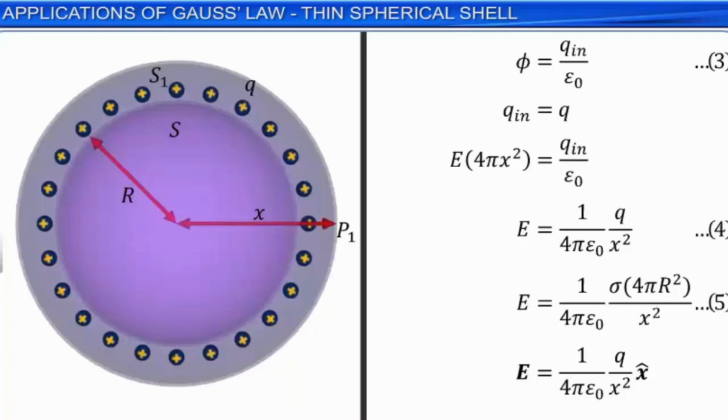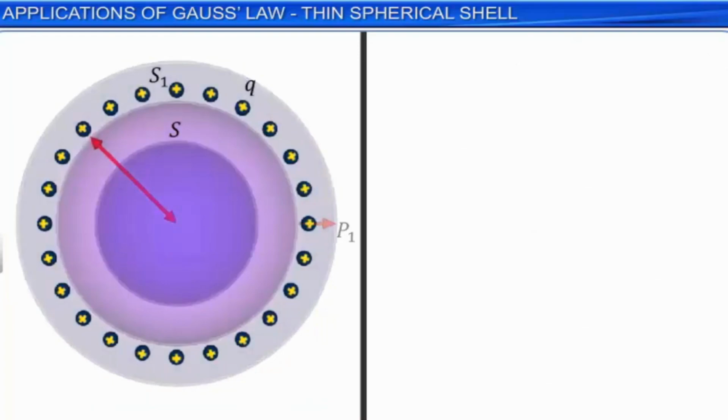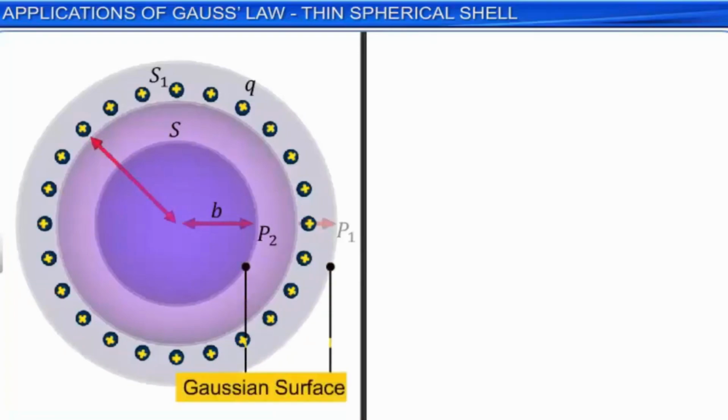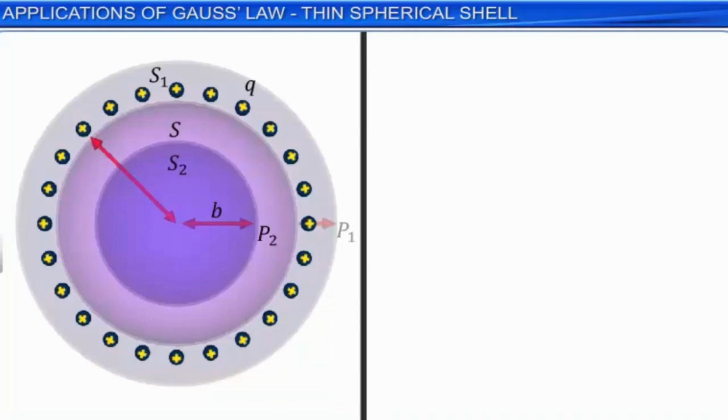Now, consider another point P2 inside the charged spherical shell, which is at a distance b from the center of the shell. To calculate the electric field strength at P2, draw a Gaussian surface S2 of radius b. Since the Gaussian surface S2 does not enclose any charge, Qin is equal to 0 for the given surface.